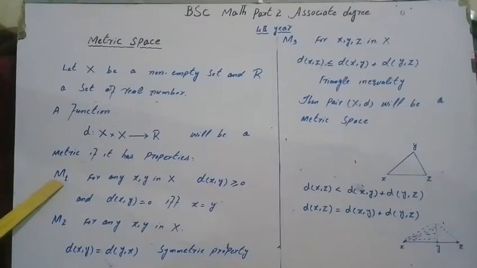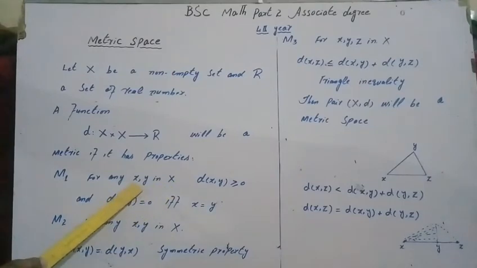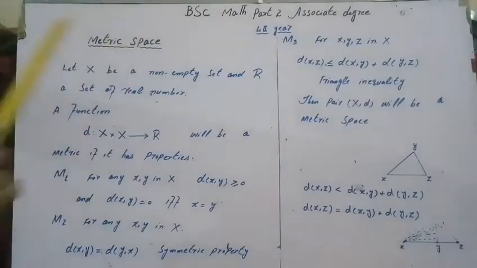D, a distance function from X cross X to R, will be a metric if it has the following properties. First of all, M1, the first property: for any x, y in X, that is, any two elements belonging to this non-empty set X, d of x and y, the distance between x and y for any two different points, will be greater than 0.